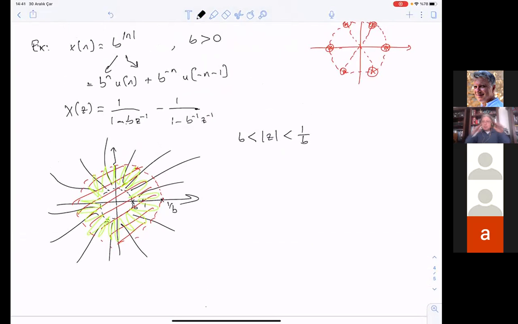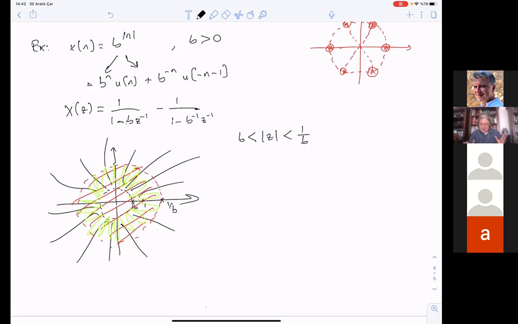So if it is decaying to both sides, which means b is less than 1 in magnitude, that's fine. We have the region of convergence for a finite region. But if b is larger than 1 in magnitude, it may be like -2 or +5 or whatever, then it would be growing exponential to both sides, which is impossible to handle in Z transform.